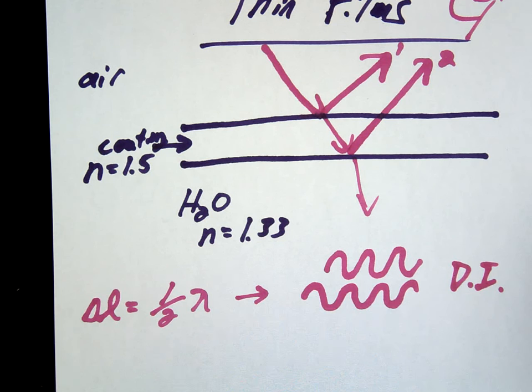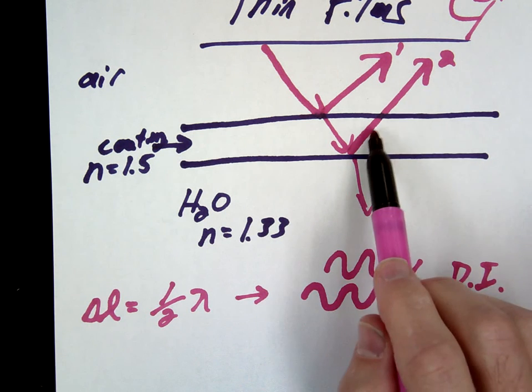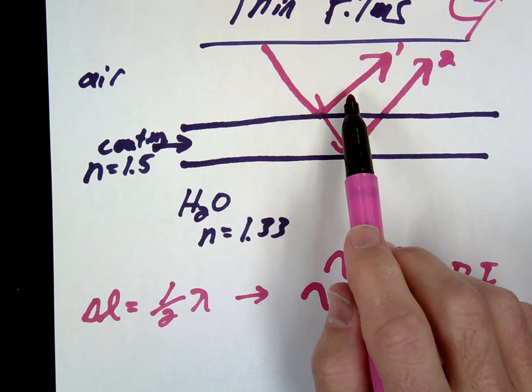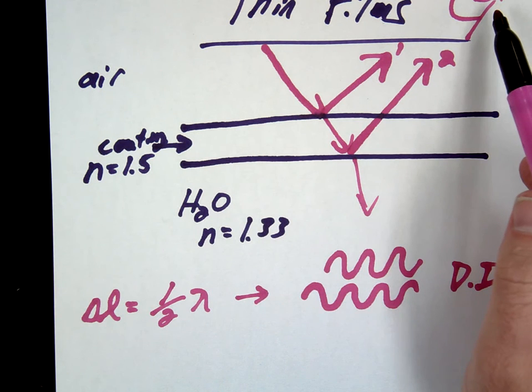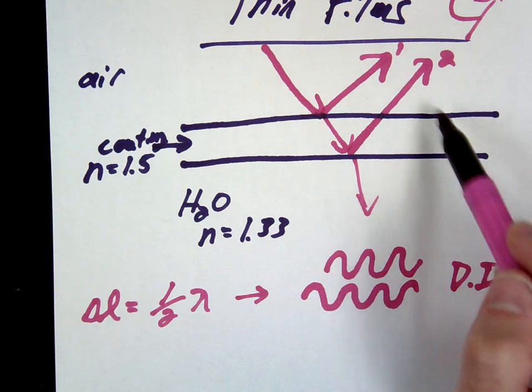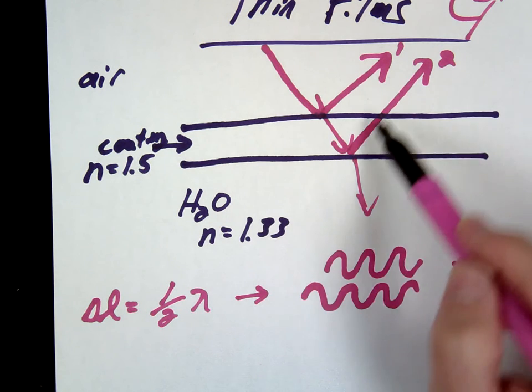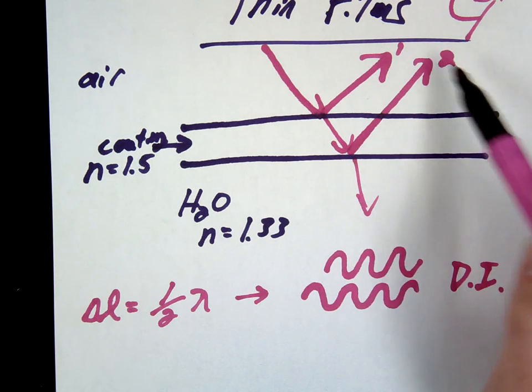Meaning, if this one traveled exactly 1/2 of a wavelength farther than this one, what would you see when it reached your eye? You shouldn't see anything, because they would completely cancel each other out. So if this was a red laser, for example, it would completely cancel out here.